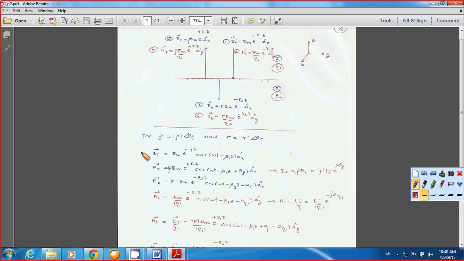So your ER, the amplitude has to be the reflection coefficient multiplied by EM. So you have this term. I put the absolute value here just to show you that we multiply only the absolute value, but keep in mind that your rho also has the phase angle here.